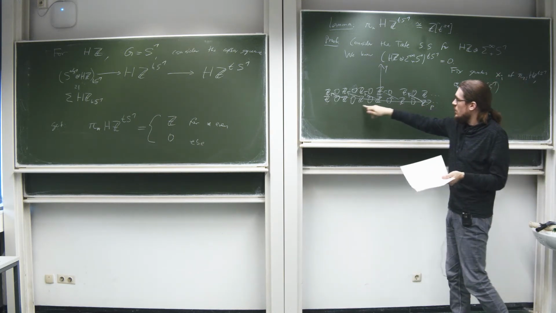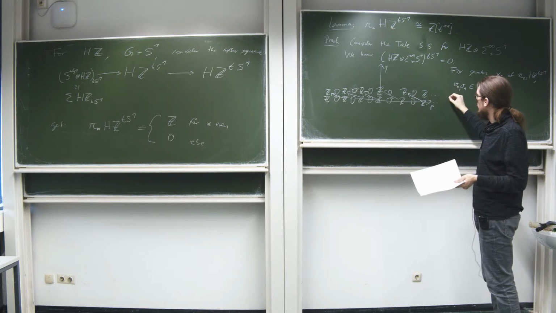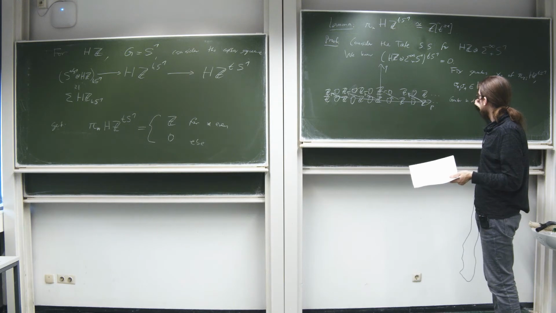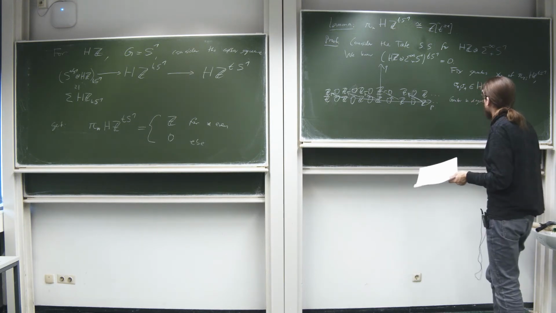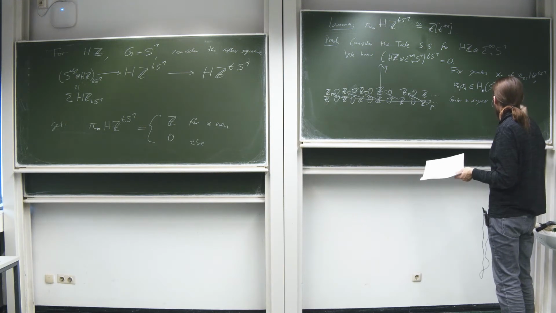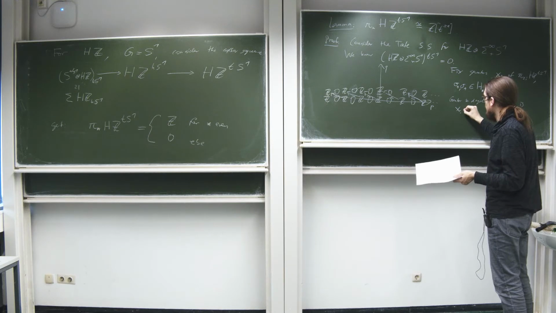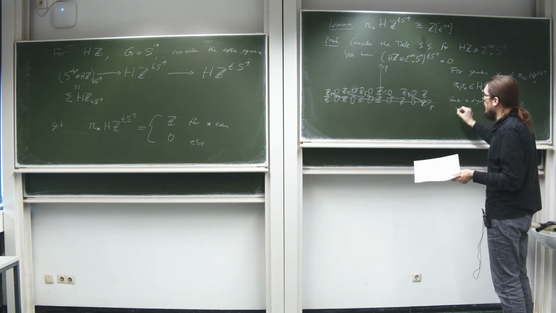So in this picture, the generator in degree 2i comma j is now given by x_i times sigma j, right?